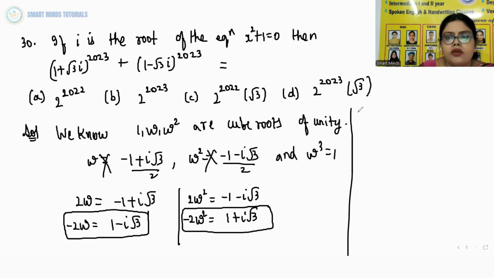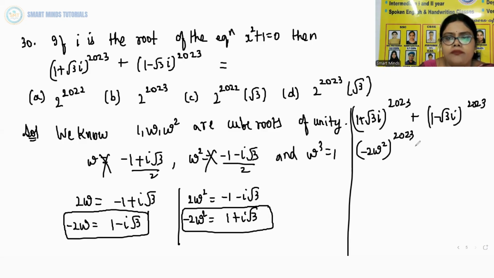What is the question? (1 + root 3 i) whole power 2023 + (1 - root 3 i) whole power 2023. Now, in the place of 1 + root 3 i, we can take (-2 omega square) whole power 2023. And in the place of 1 - root 3 i, we can write (-2 omega) whole power 2023.